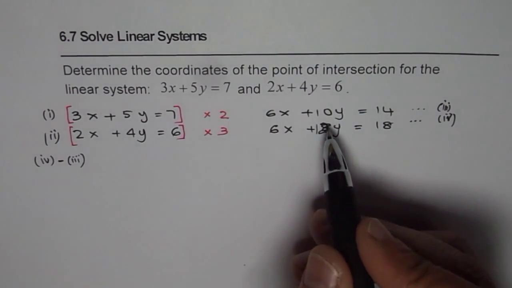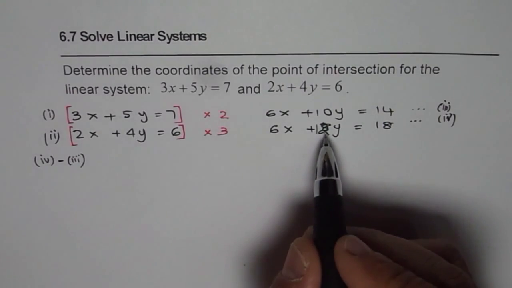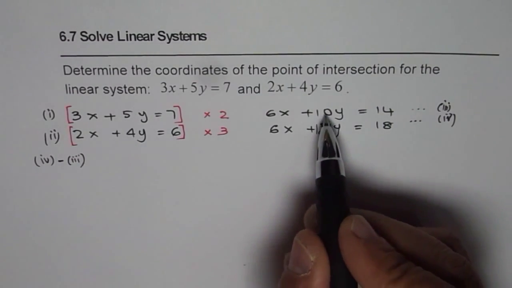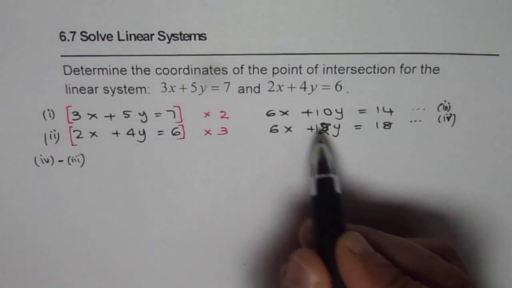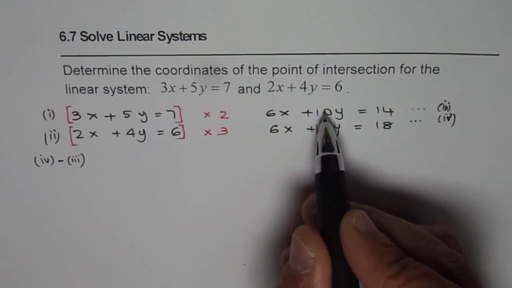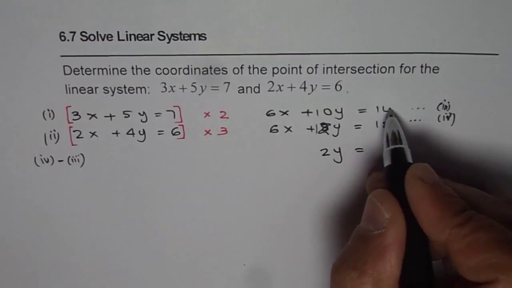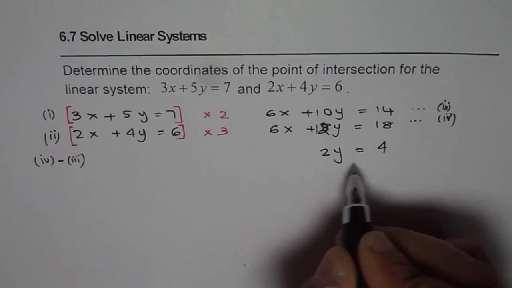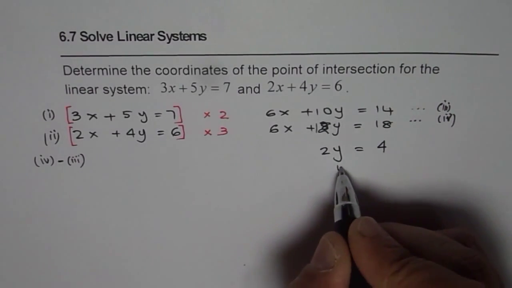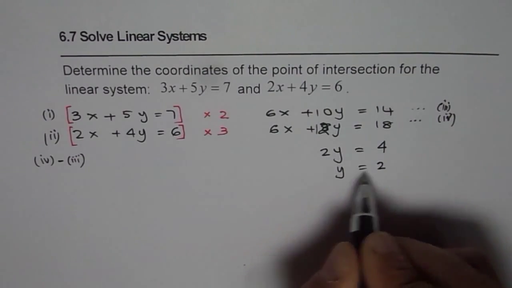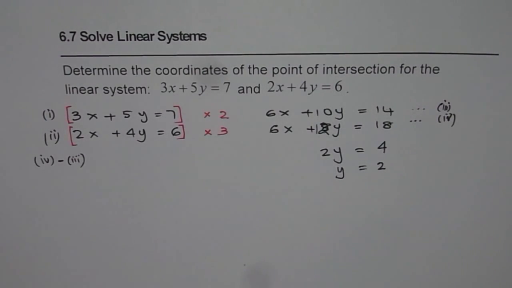So what are we going to get? 6x minus 6x is 0. 12y minus 10y will be 2y. So we get 2y = 18 minus 14, which is 4. And now we can divide by 2. So we get y = 2.